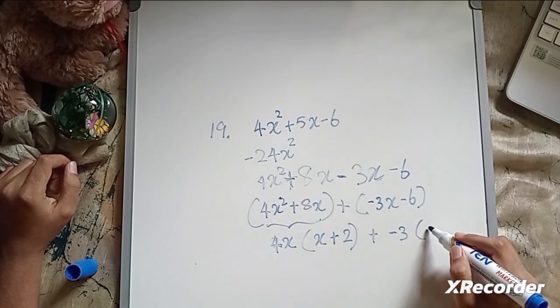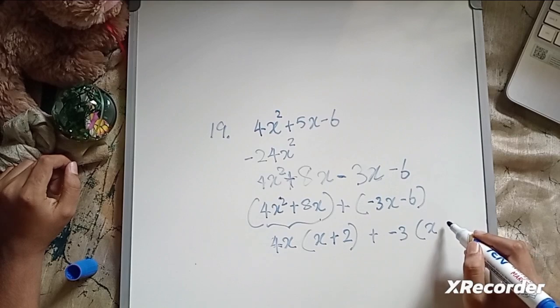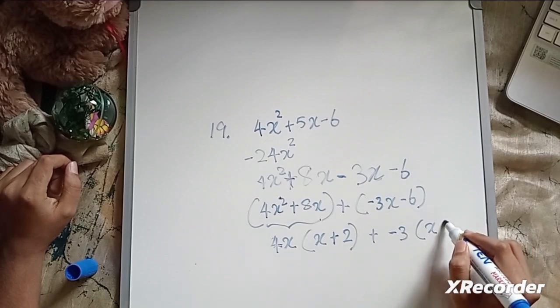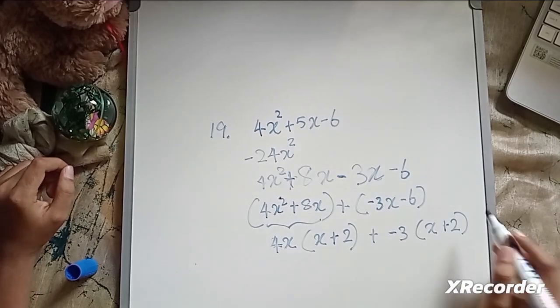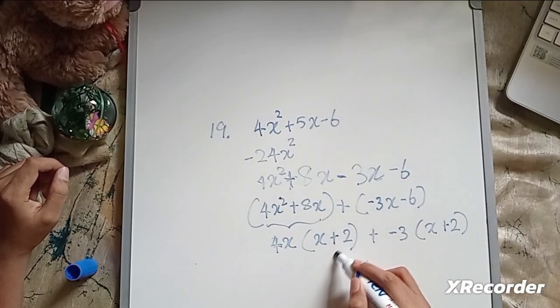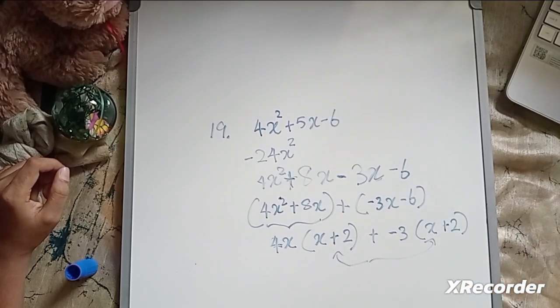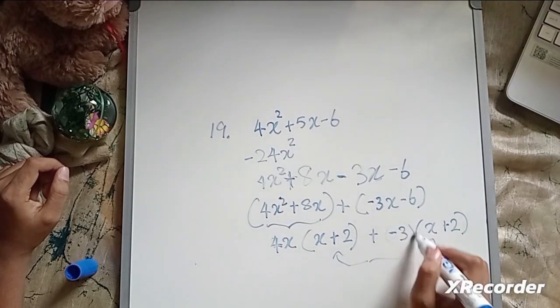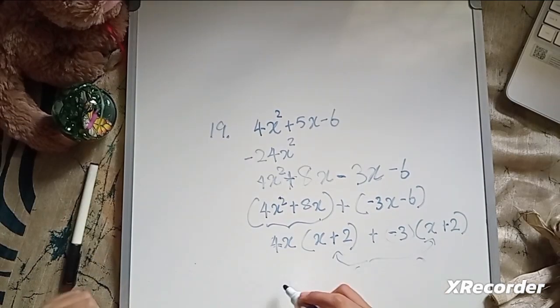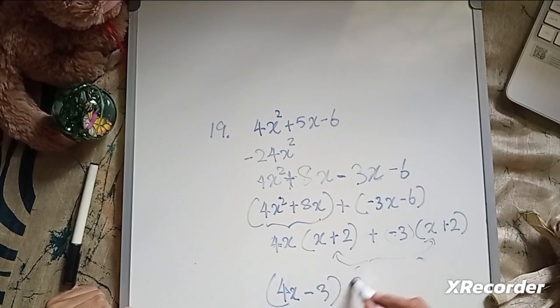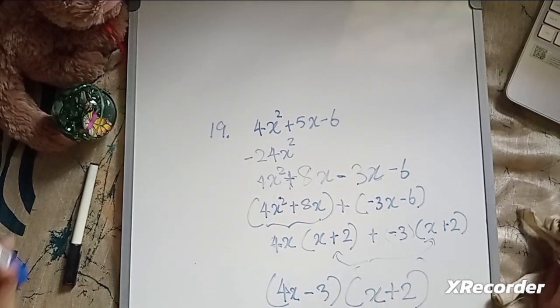And it is x plus 2. So we can see that x plus 2 is common to both terms. So x minus 3 into x plus 2. This is the answer.